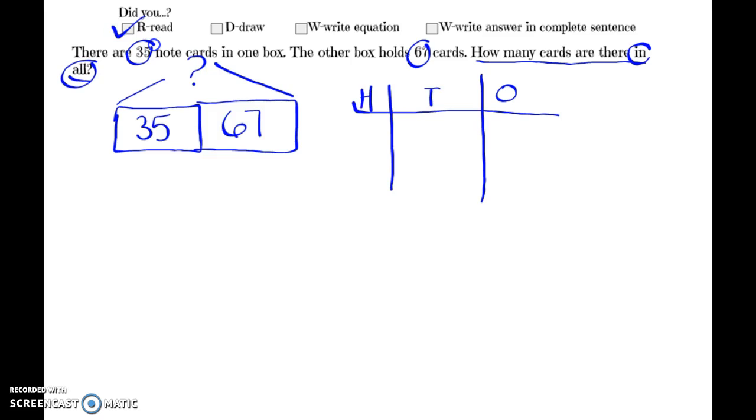So please pause the video and do that as well. Now I'm going to write my problem in a vertical format. So that would mean I would have 35 plus 67.